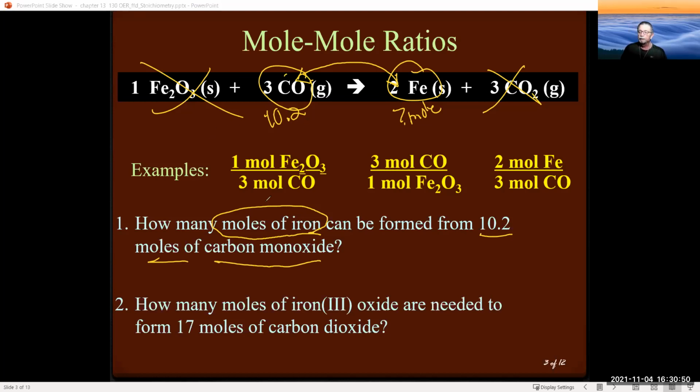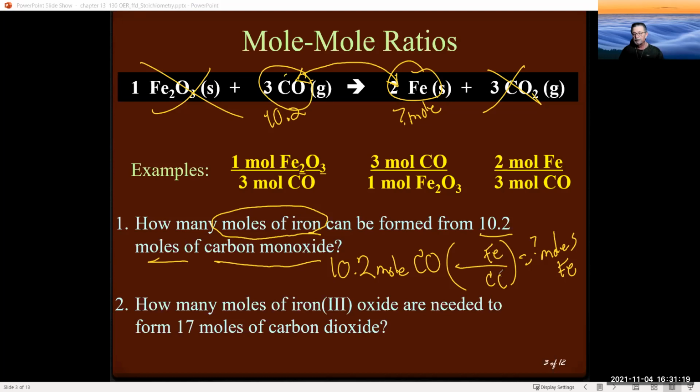So what do we do? We do what we've been doing with any other problem. We write down what we're given. We're given 10.2 moles of carbon monoxide, okay? Obviously, we're gonna have a conversion factor and we're looking for moles of iron. Okay, so we need iron in the numerator, right?